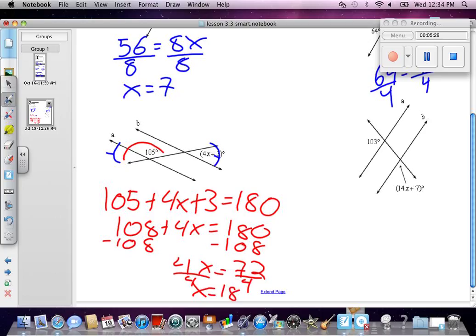Now for this other one, we know that these two angles are congruent by alternate exterior angles, and then we know these two are supplementary by the linear pair postulate, so those must be supplementary to each other.